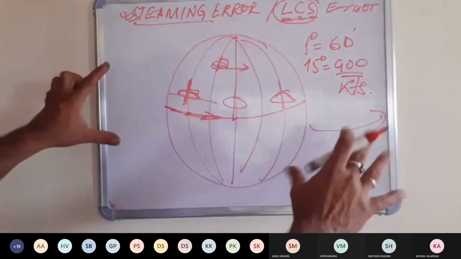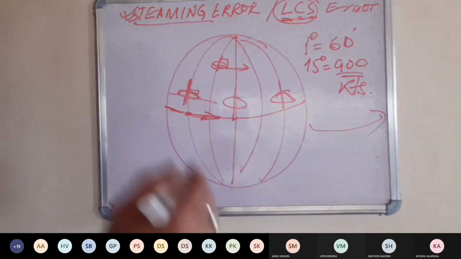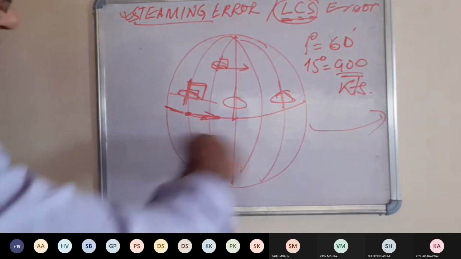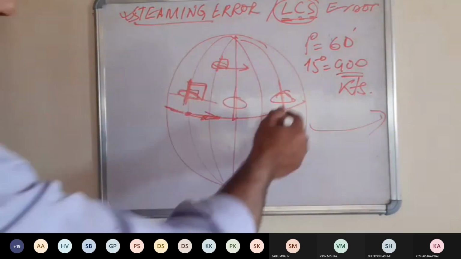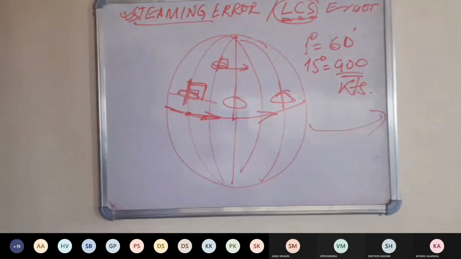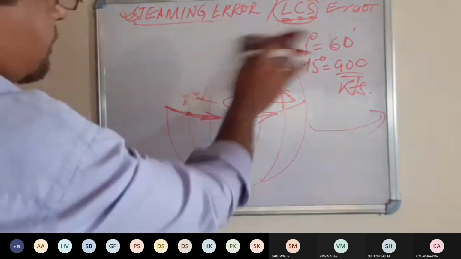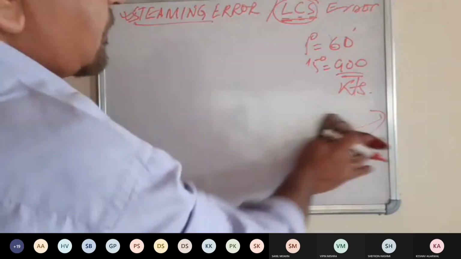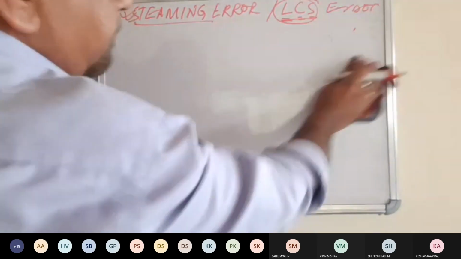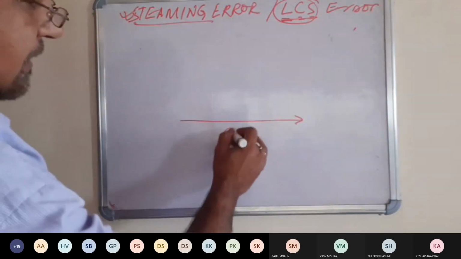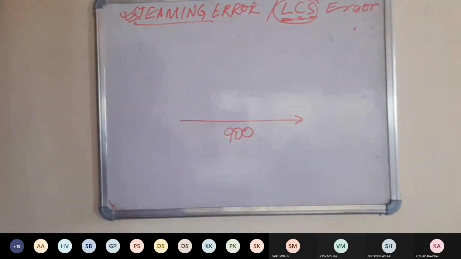So if everything is fine, the gyro compass settles down perpendicular to the motion experienced by it, where it is now moving in this direction. अगर इसको हम छोटे में करके देखें, so let us say 900 भी याद रखिएगा. Peripheral speed of the earth को अगर हम एक वेक्टर से दिखाएं, which is 900 nautical miles, but this will be at the equator.